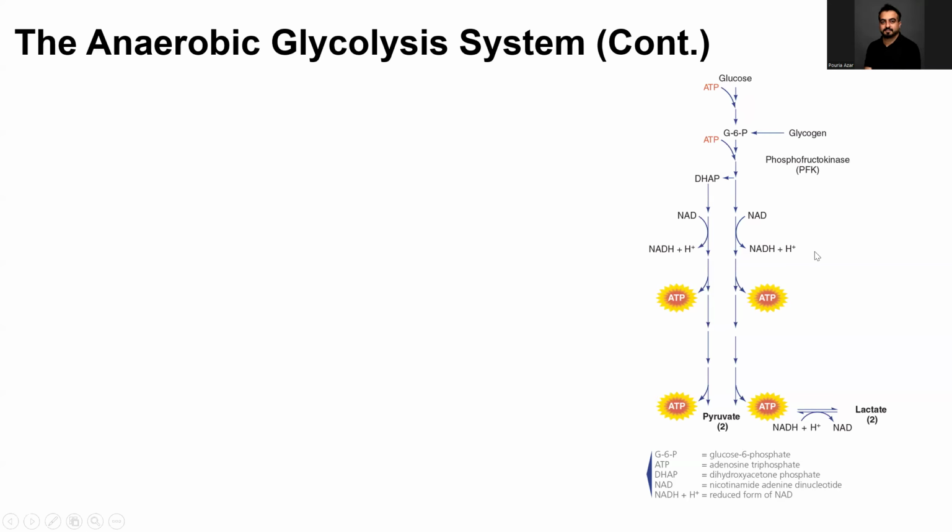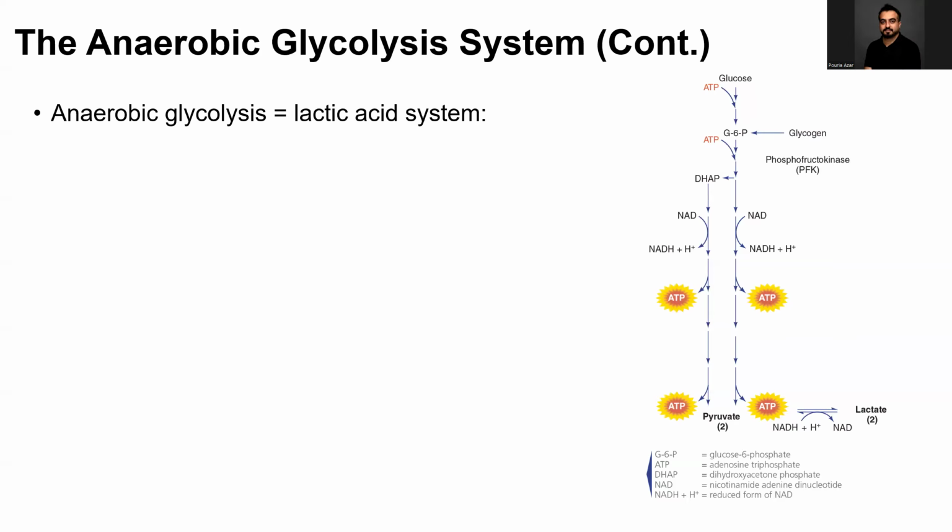And at the end, we produce four. So the net ATP production is two molecules of ATP through the glycolysis system. And at the end, we get lactate or lactic acid.